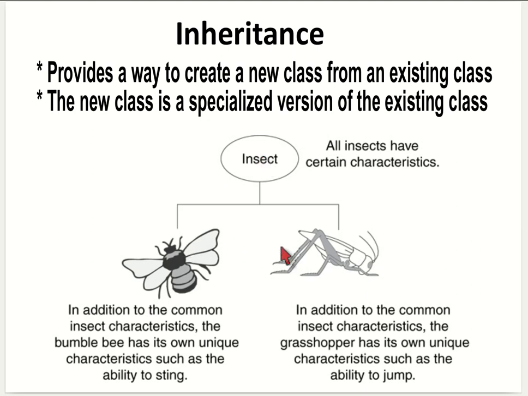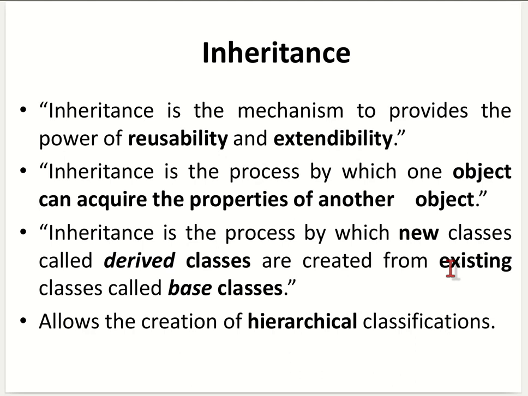Here we can see the derived classes may have their own unique characteristics, as well as the common characteristics defined in the insect. Here are certain definitions of inheritance, which you can study.